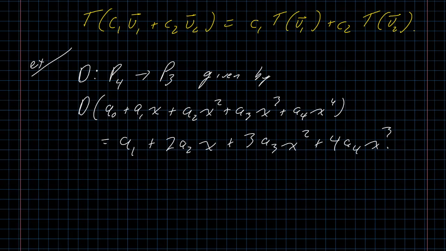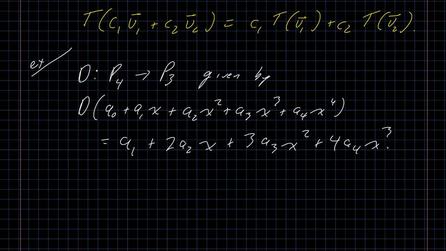So consider, for example, the transformation I'm calling D here, which maps from P4 to P3. We're going to define D as taking the function a0 plus a1 x plus a2 x squared plus a3 x cubed plus a4 x to the fourth, which is what a generic polynomial in the vector space P4 looks like. And it's going to spit out the resulting polynomial a1 plus 2 a2 x plus 3 a3 x squared plus 4 a4 x cubed.